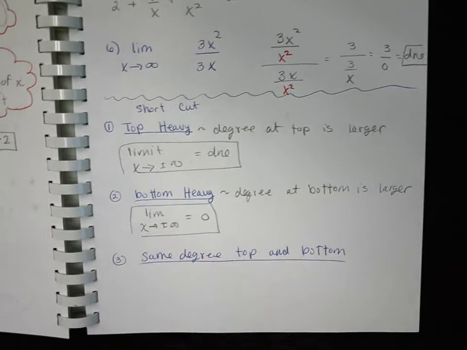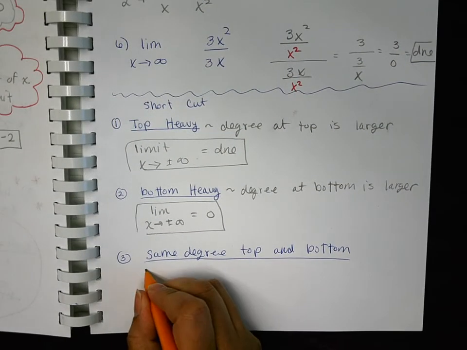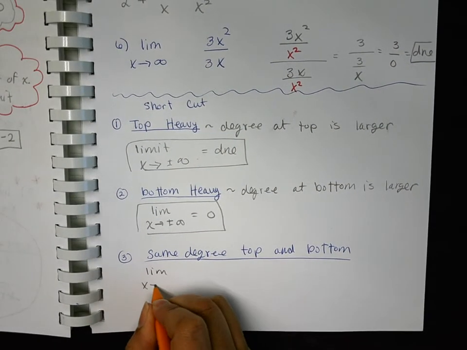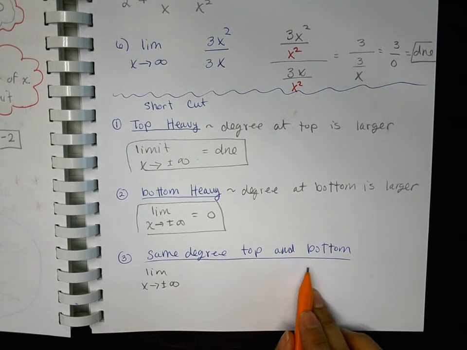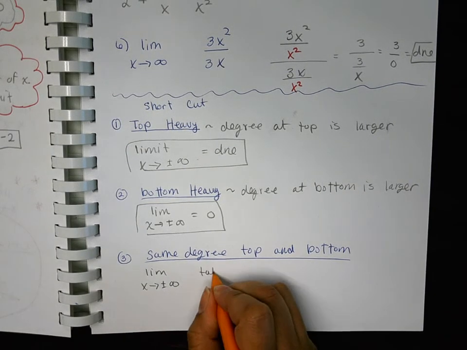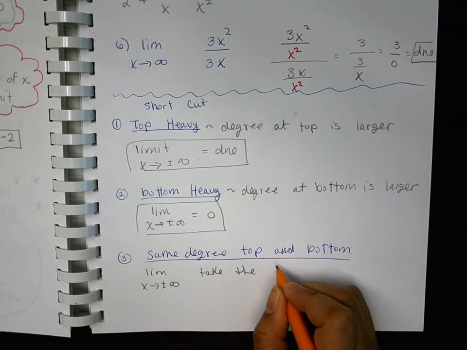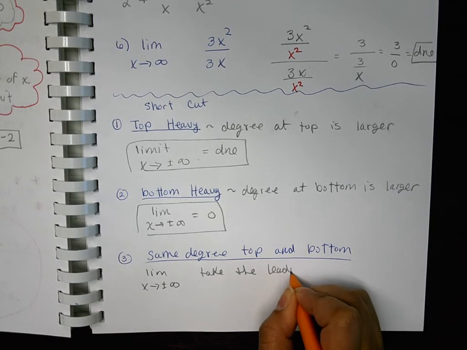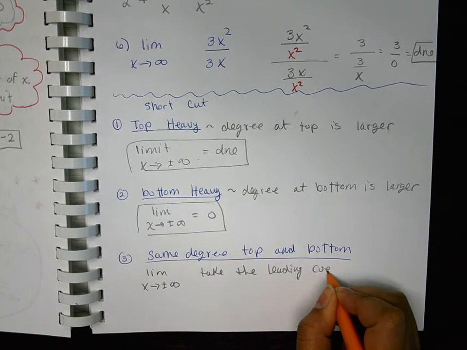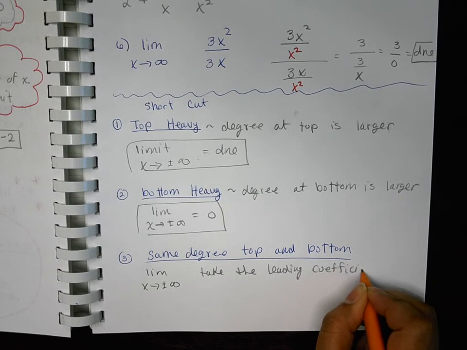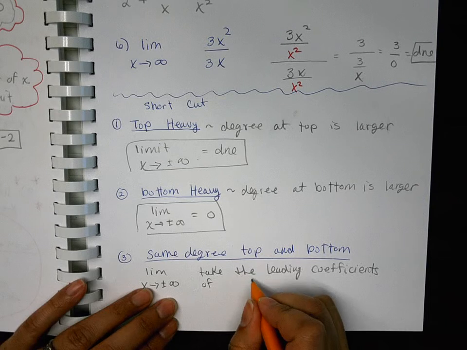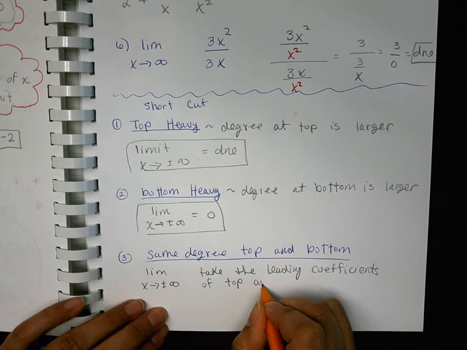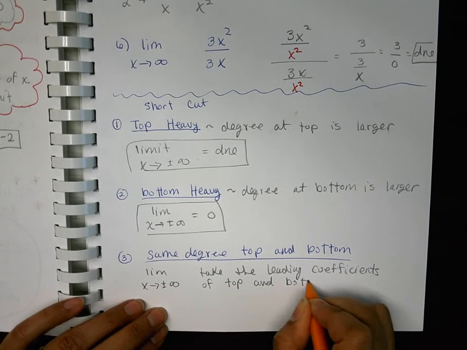-2. What you do, let me write it down and then we'll talk about it. What you're going to do when the limit as x approaches plus or minus infinity, when the same degree is top and bottom, you will take the leading coefficients of top and bottom.